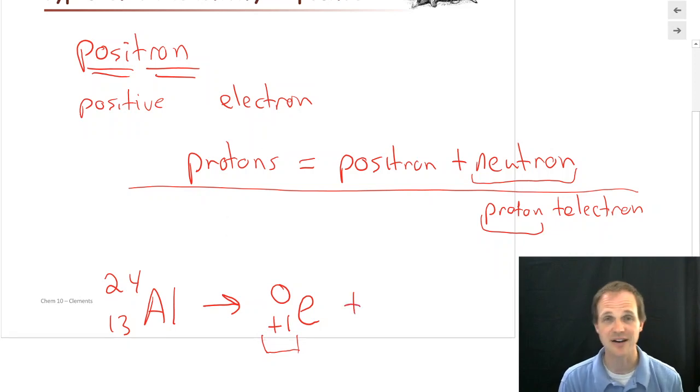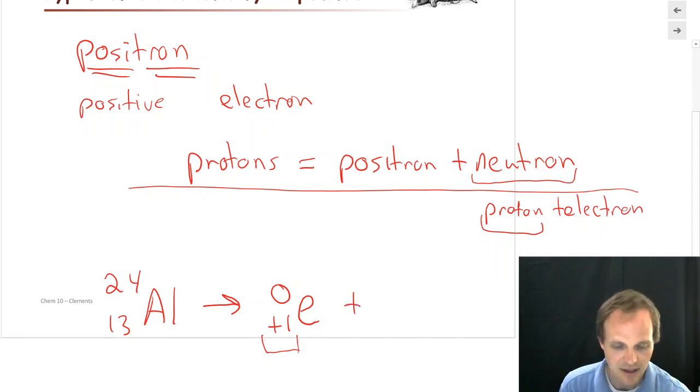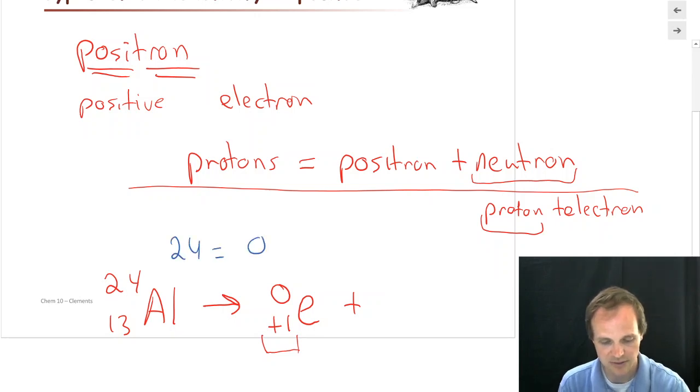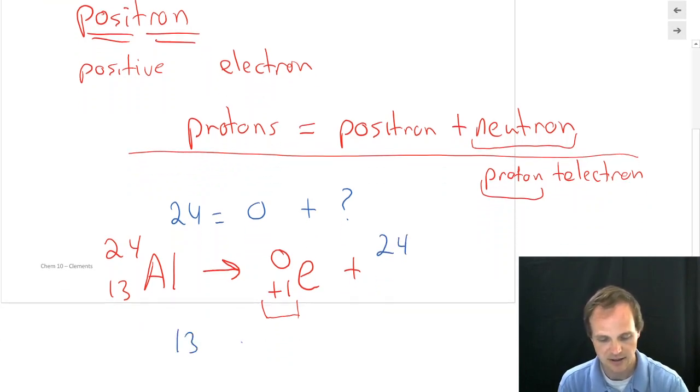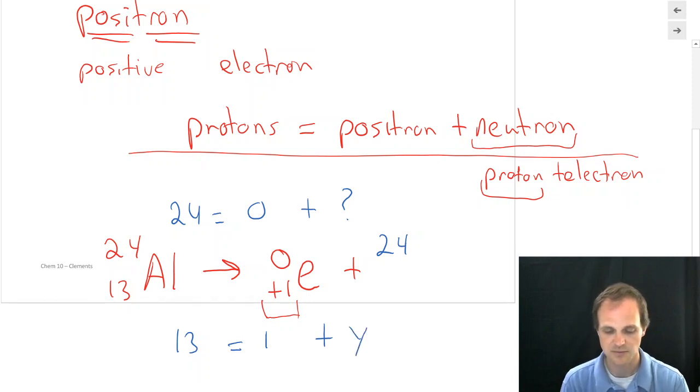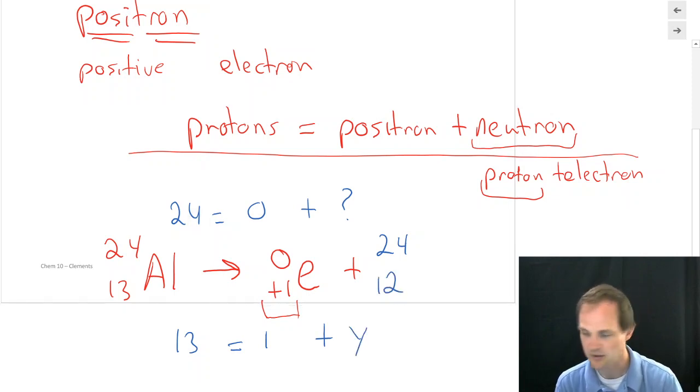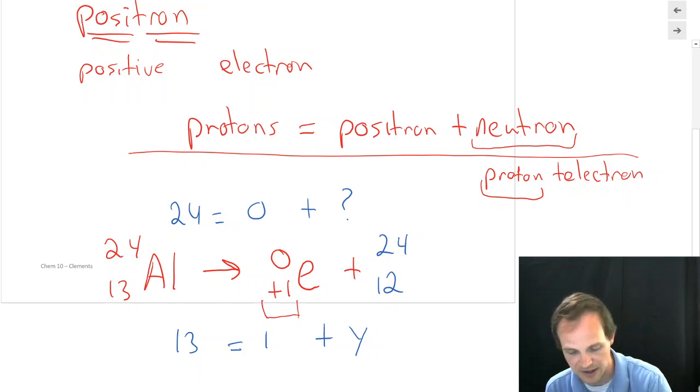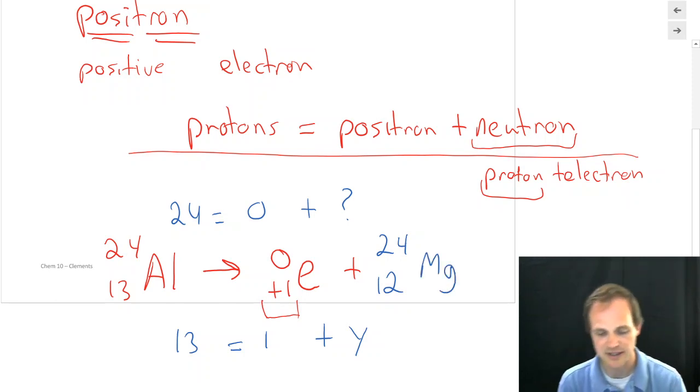And then we have to figure out what else is made there. We do our mass number and atomic number balancing. 24 equals 0 plus what? Yeah, 24. And 13 is equal to 1 plus what? Right, 12. And so 24, 12. We look at the 12th element on the periodic table, which is magnesium.